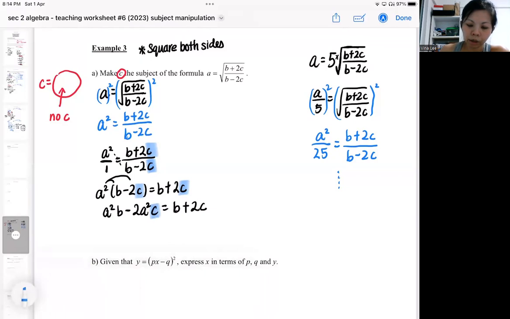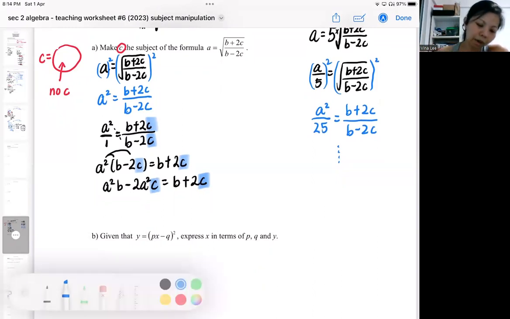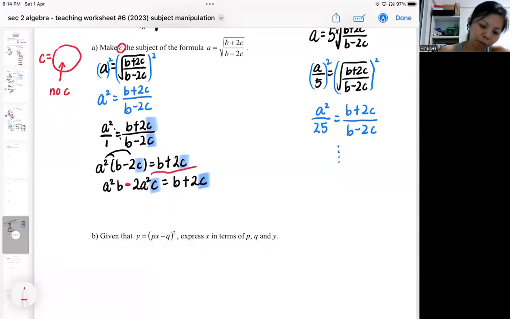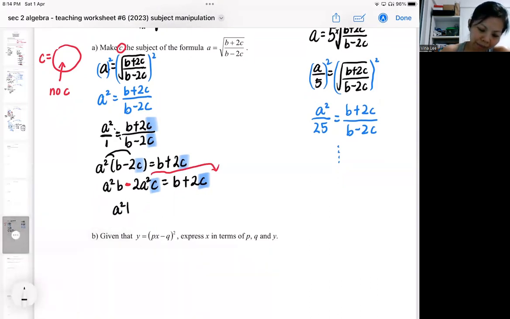Keep checking your subject. They are still not on the same side. So by right, you should bring everything to the left. Sometimes, if I see that this is a minus, I will prefer to bring it to the right. Frankly speaking, I'll bring it to the right. Then I'll bring this over.